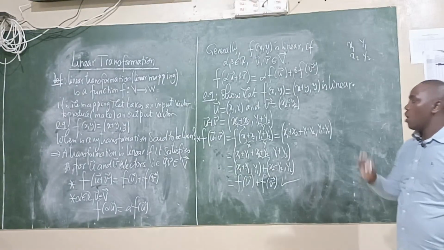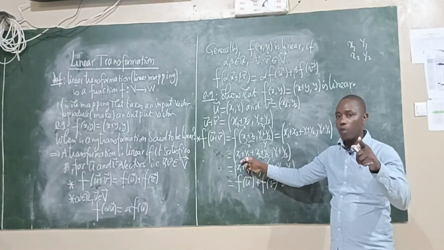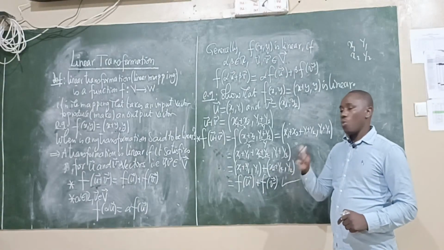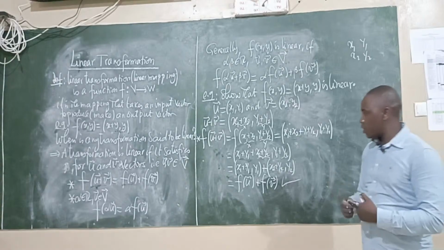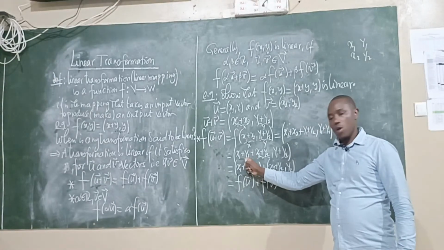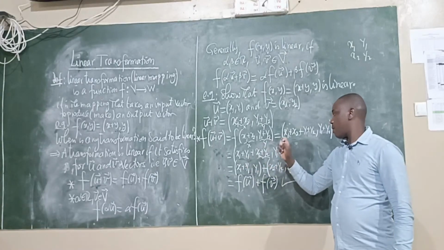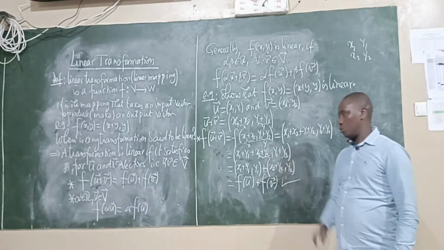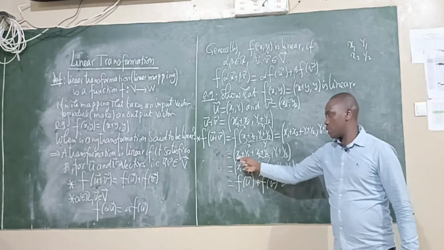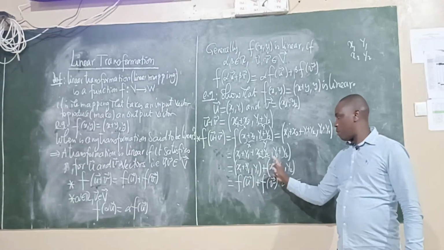After this, we need to split this into two functions, one a function of x1, y1, and another of x2, y2. Here is how it was done. I've taken x1 plus y1, comma y1.